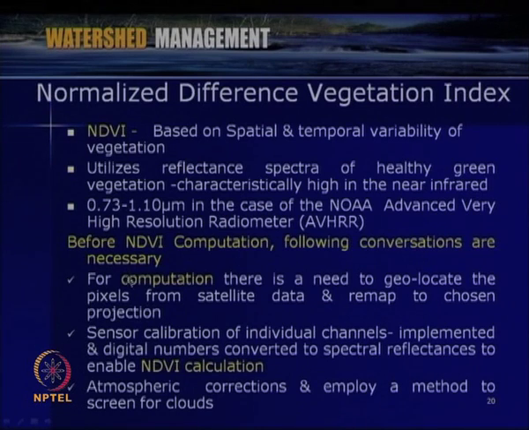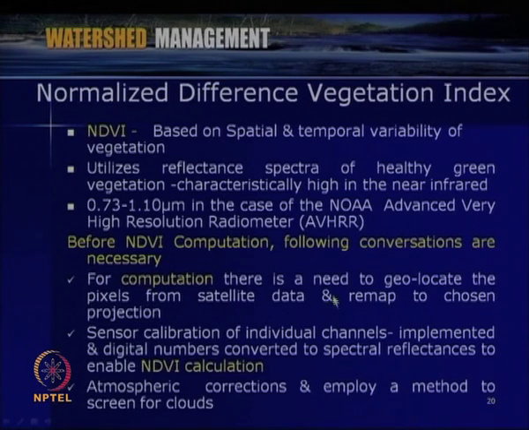We have to do the following. For computation, there is a need to geolocate the pixels from satellite data and then remap to a chosen projection. So, as I mentioned, this is based upon the satellite data.